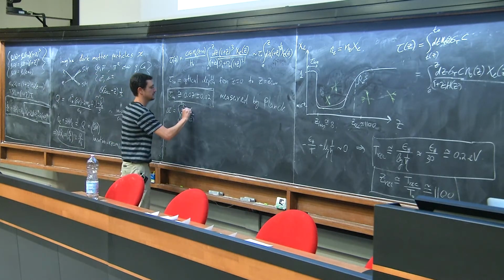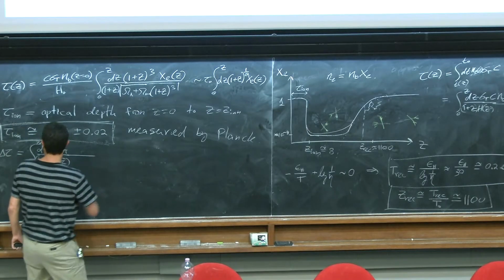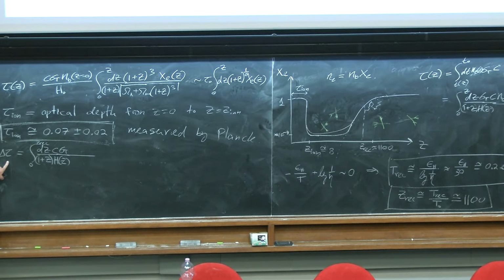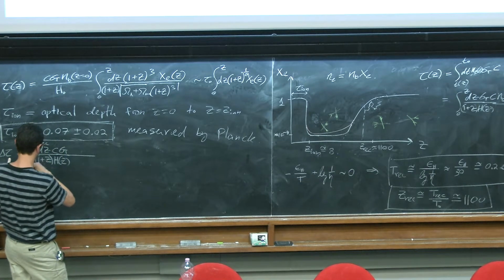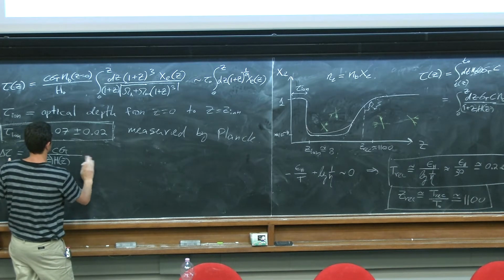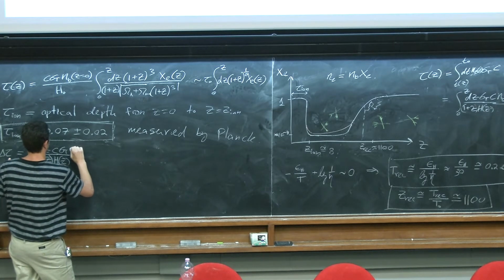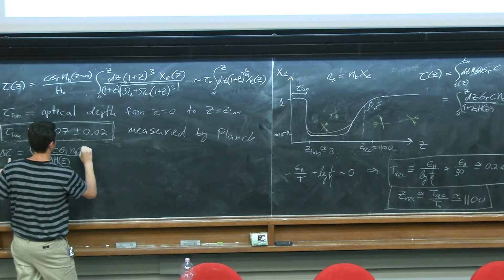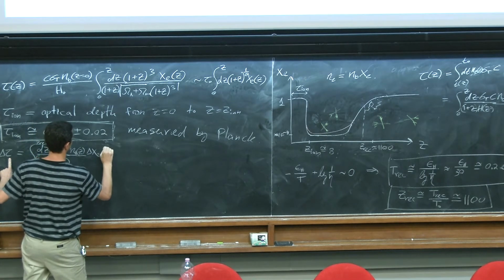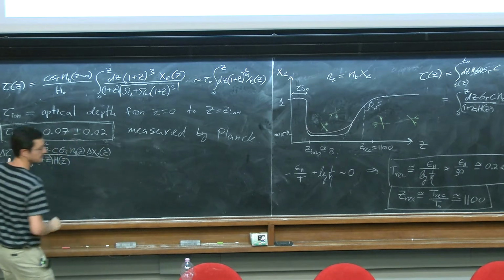So I have my c sigma Thomson. And now I want to calculate the delta ne, only the little excess in free electrons coming from dark matter annihilation. And so my delta ne, I can write it as nB of z times delta Xe of z.